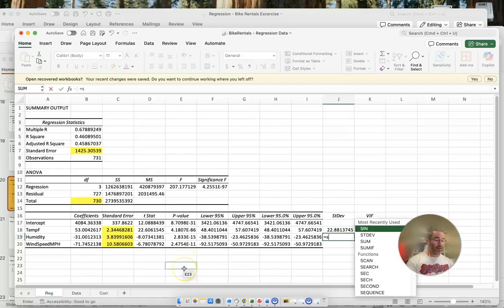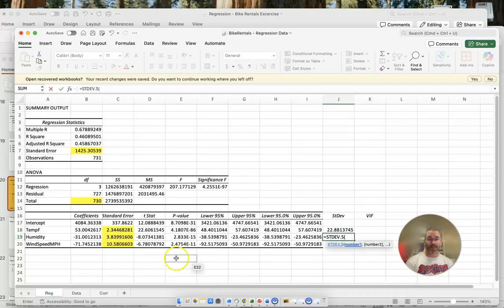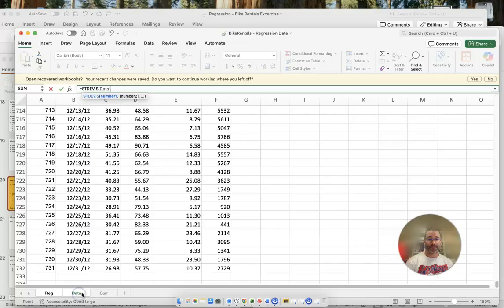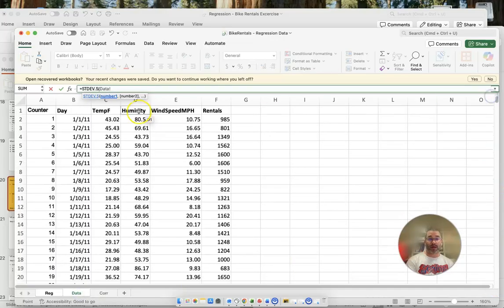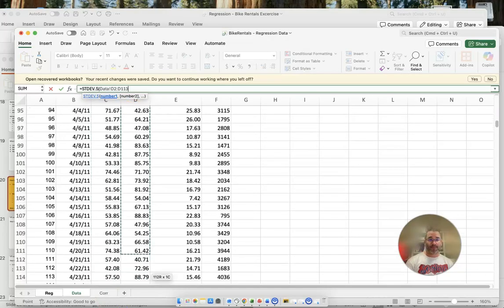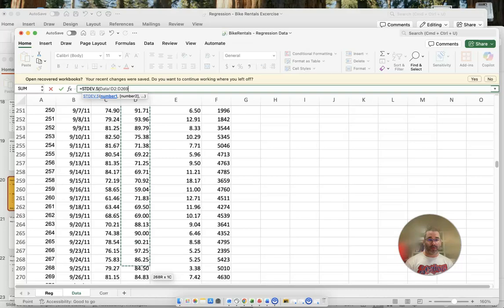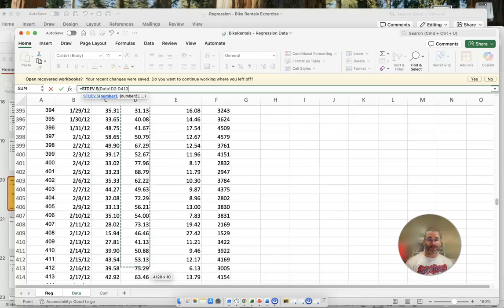Do the same thing for humidity. Notice here I don't want to include the word humidity, it's just the numbers. It'll give you an error if you include the word here.